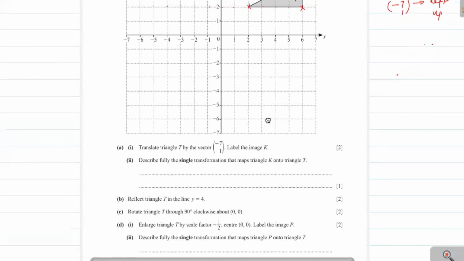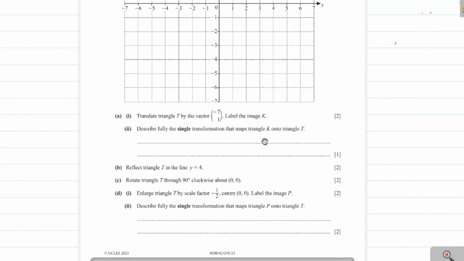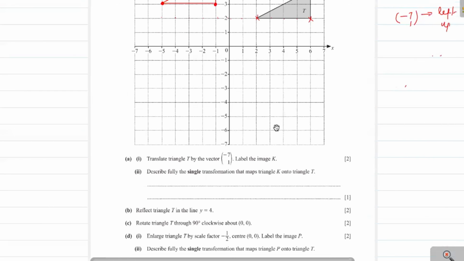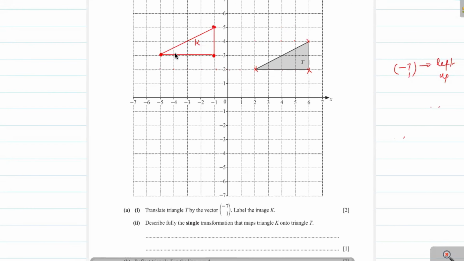And next part of part A: describe fully the transformation that maps triangle K onto triangle T. Look here, we have to describe the transformation from K to T. We move the reverse of each point of triangle K: you see here we move 7 units on the right side and 1 unit below. 7 units right we name plus 7, and 1 unit below we name minus 1.